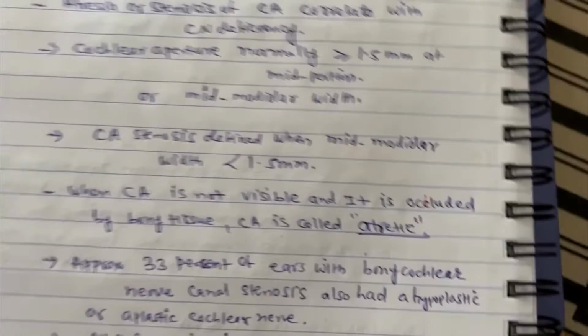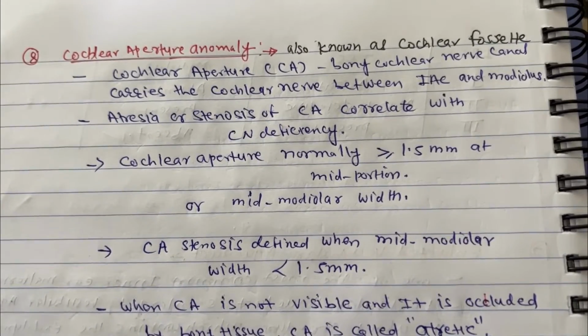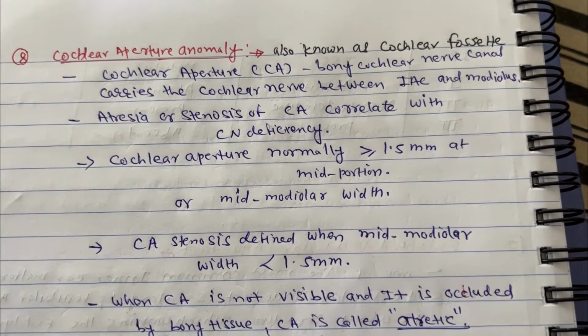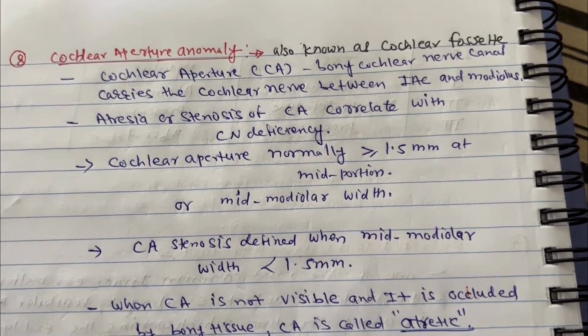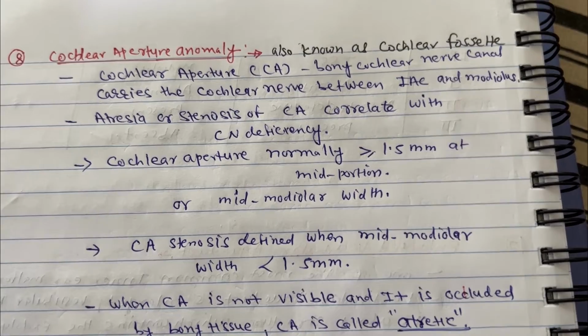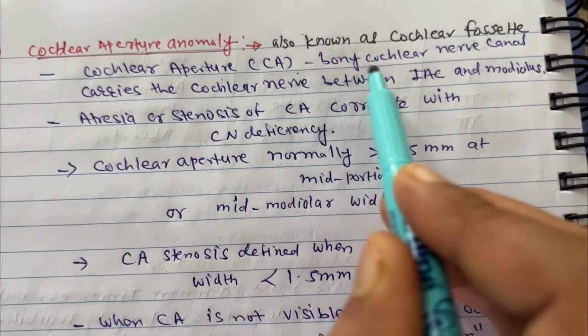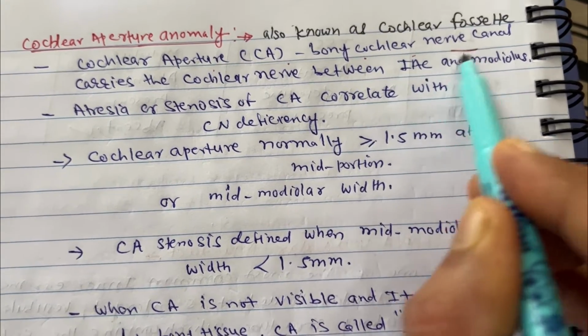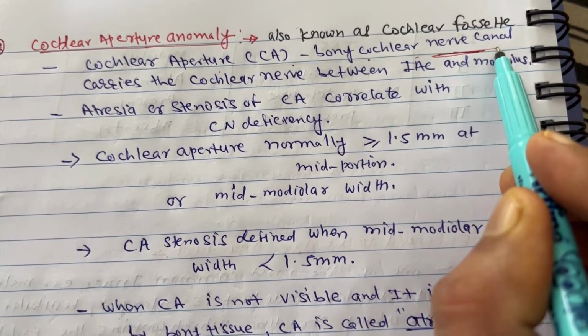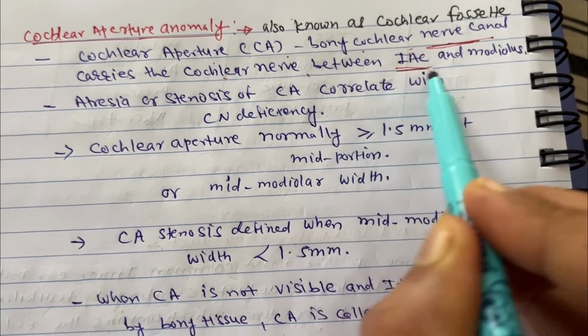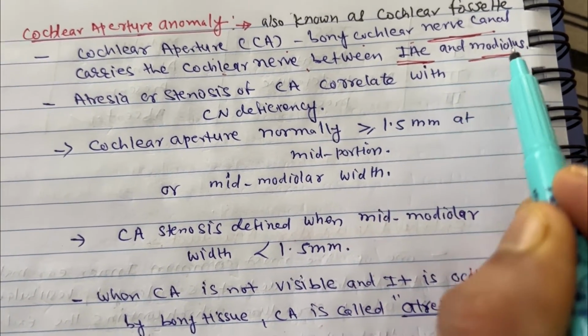Now talk about cochlear aperture anomaly, also known as cochlear faucet anomaly. The cochlear aperture is the bony cochlear nerve canal through which the cochlear nerve passes, carrying the cochlear nerve between the internal auditory canal and modiolus.